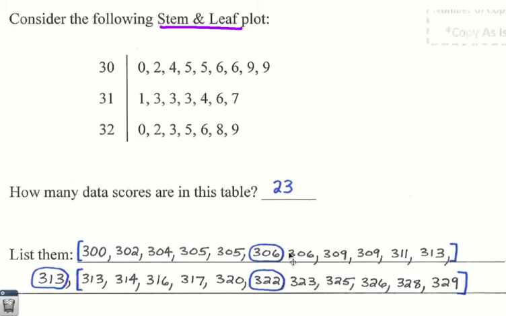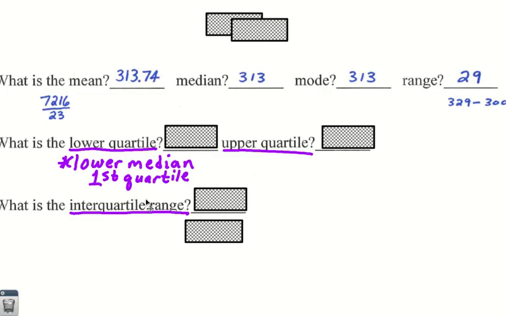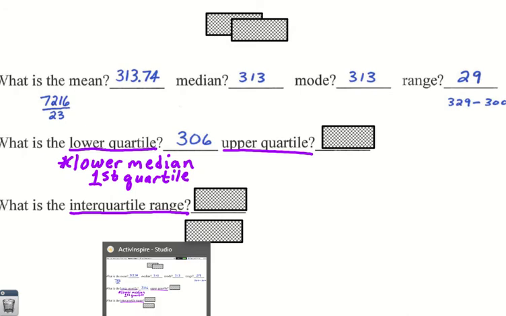Since there are 11 of those numbers, 1, 2, 3, 4, 5, 6, 7, 8, 9, 10, 11, it makes sense to go 5 numbers, and then you'd have your median, and then another 5 numbers, which makes 306 in the middle of just the lower half. And so the lower quartile, aka lower median, aka first quartile, is 306.